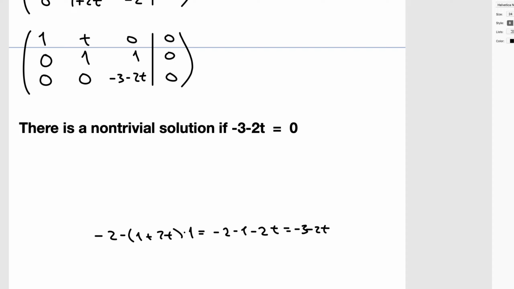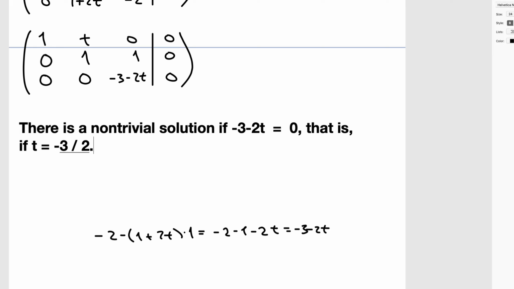And that is, or in other words, if t equals, I think it's negative 3 over 2. Yeah. And non-trivial solution means linearly dependent.